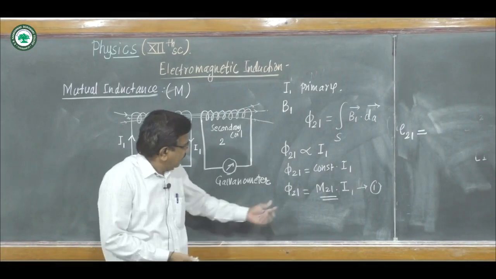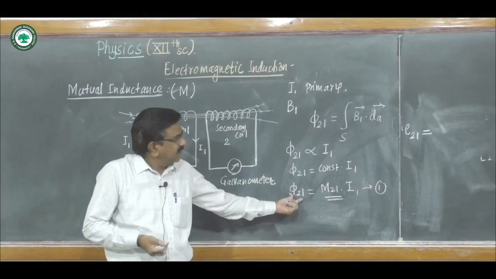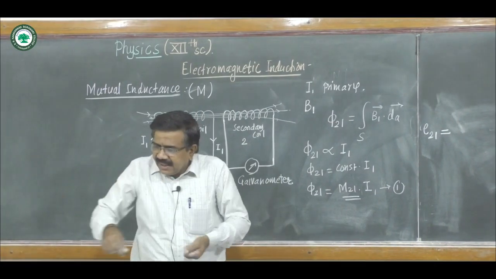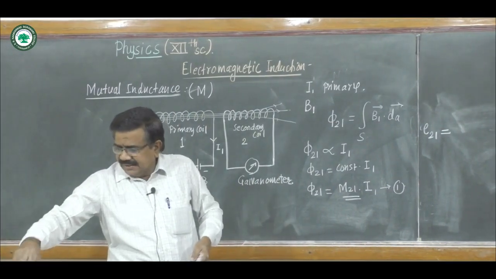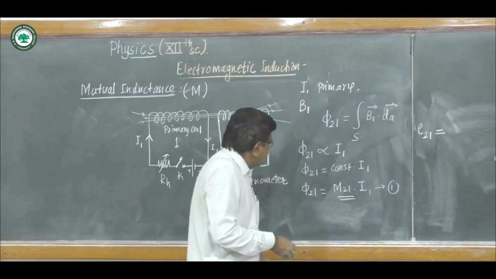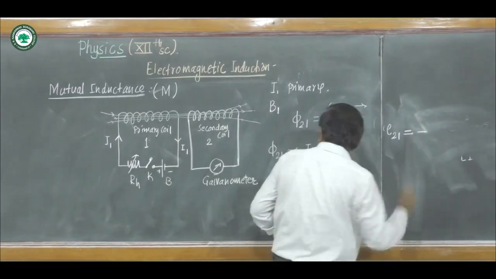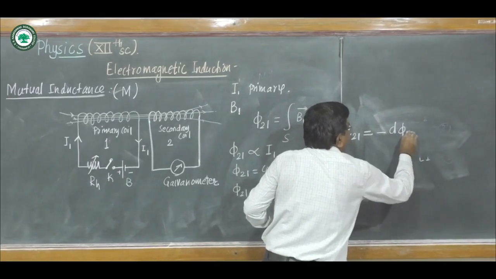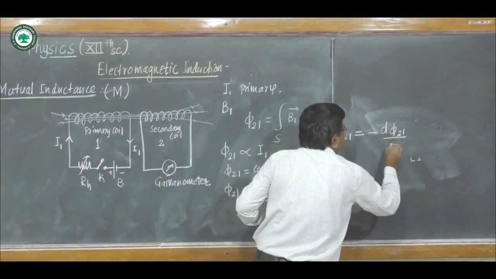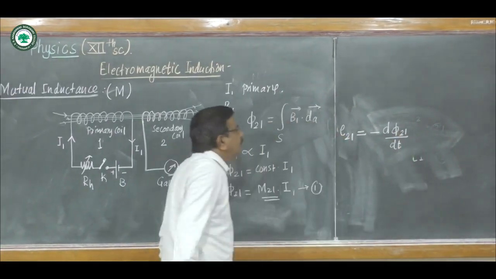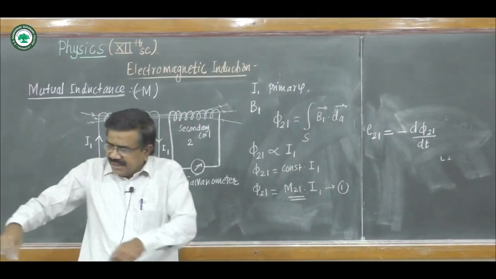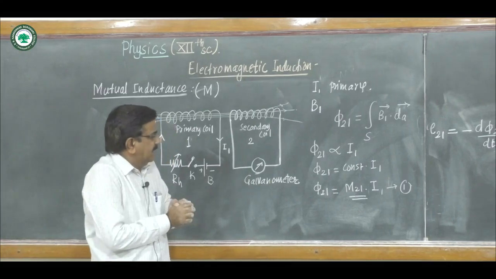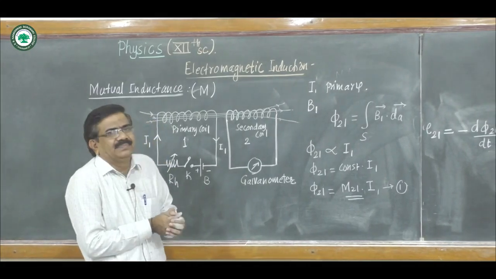By Lenz's law, we know the induced EMF E21 is minus d phi 21 upon dt.